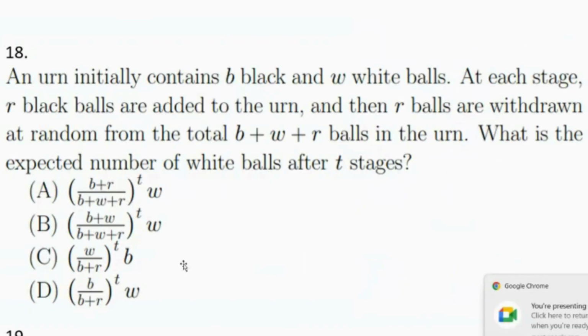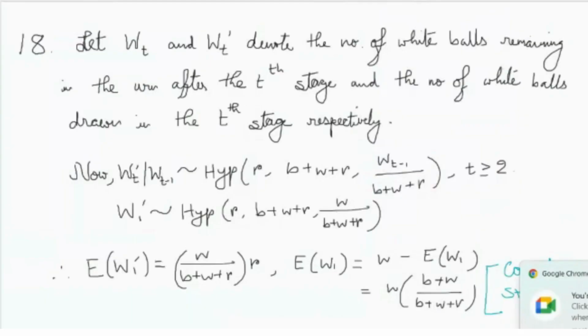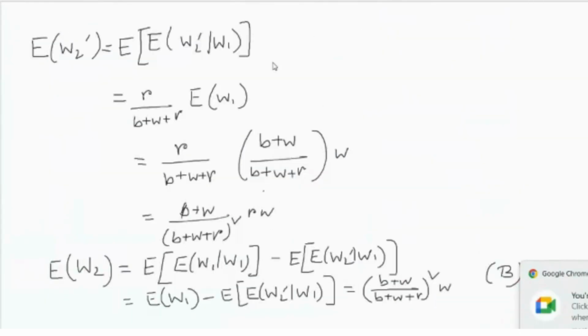So here in the options, we are given the expected number of white balls over t stages, t greater than or equal to 1. And I have obtained the expected number of white balls of the first stage. So in the second stage, expectation of W2 dash is the expectation of the expectation of W2 dash given W1, by the law of conditional expectations.